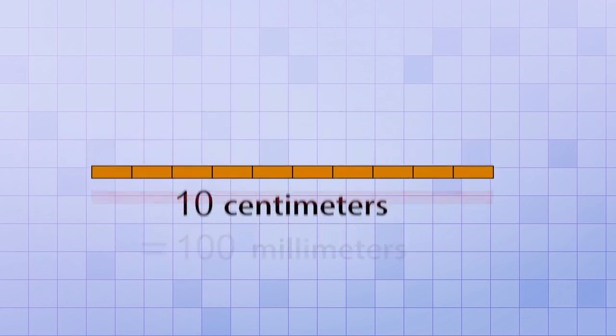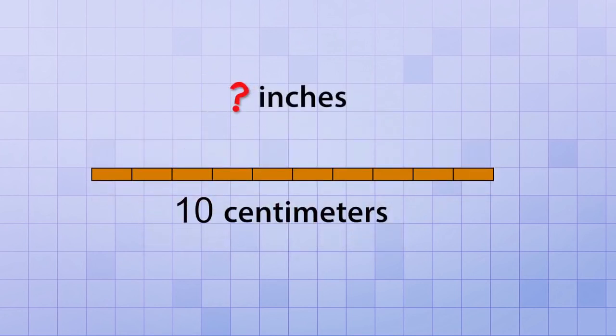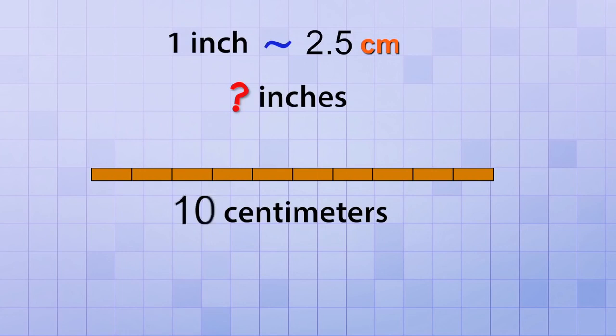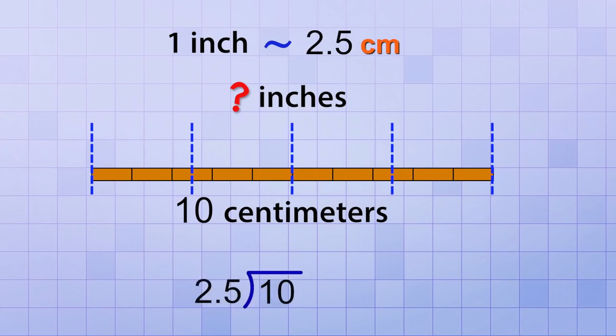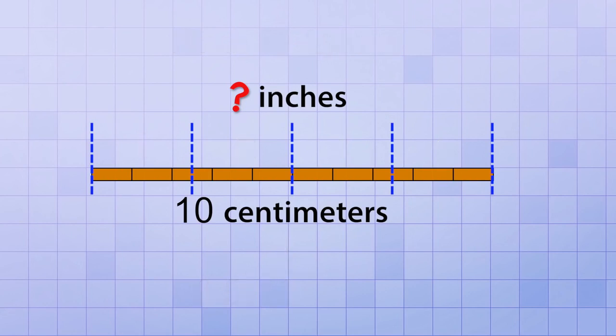But what would that same distance be in inches? Well, an inch is bigger than a centimeter, and it takes approximately 2.5 centimeters to equal an inch, right? So if we divide the 10 centimeters up into groups of 2.5, which is the same as dividing 10 by 2.5, it forms 4 equal-sized groups. That means 10 centimeters is very close to being the same as 4 inches.